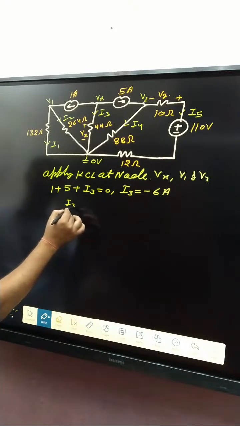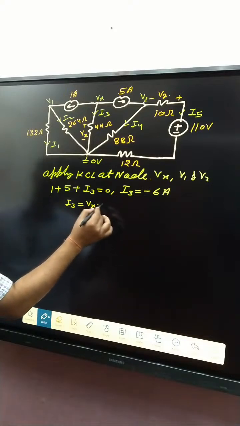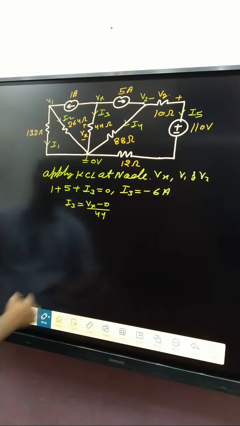I3 is also written as Vx minus 0 divided by 44.